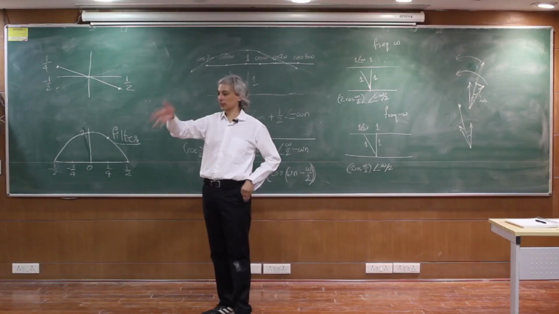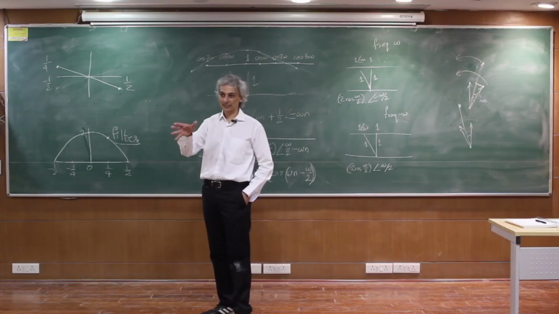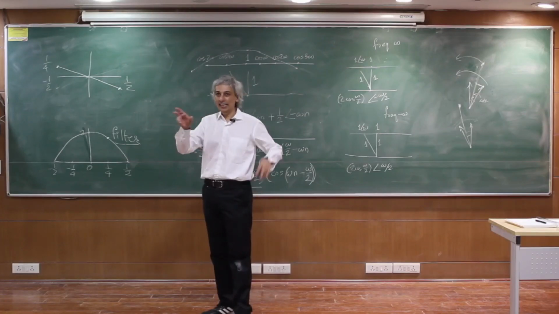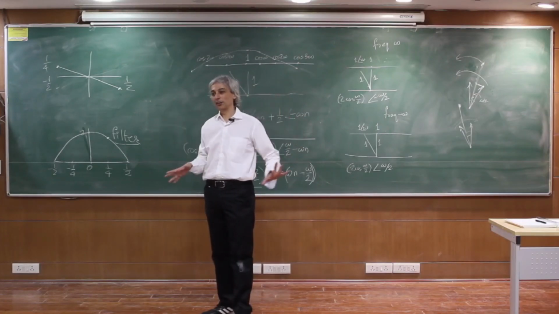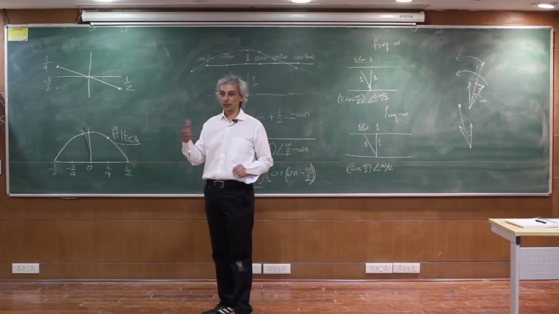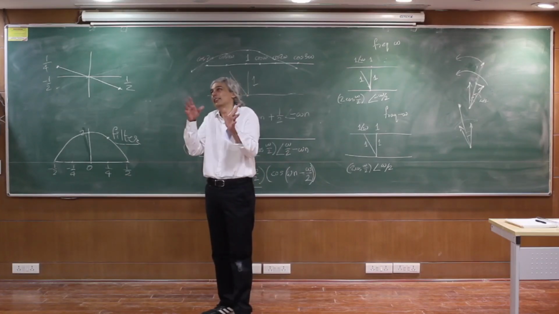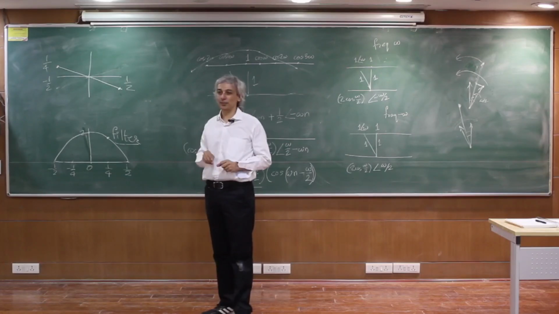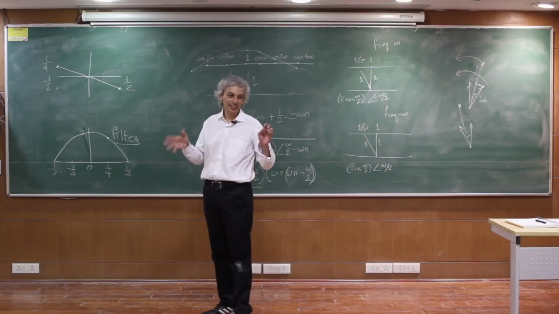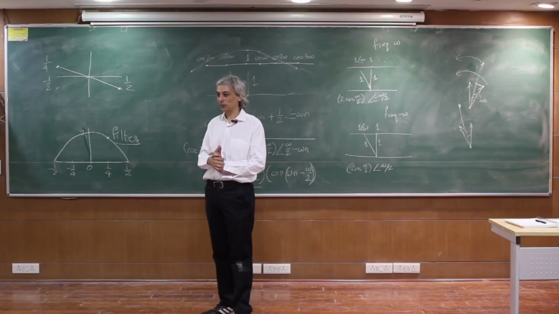But we will do a version of that theorem the next time to show you that any signal of a particular kind can be decomposed into sinusoidals. Then I'll indicate informally why any signal of any kind can be decomposed into sinusoidals. So that will be the topic of the next lecture. Thank you.